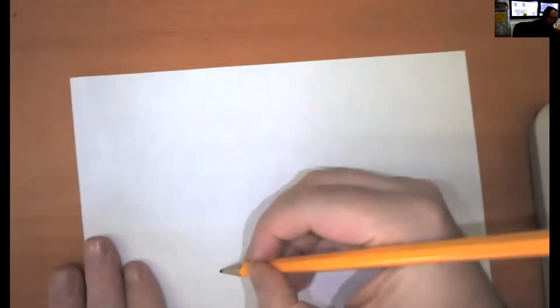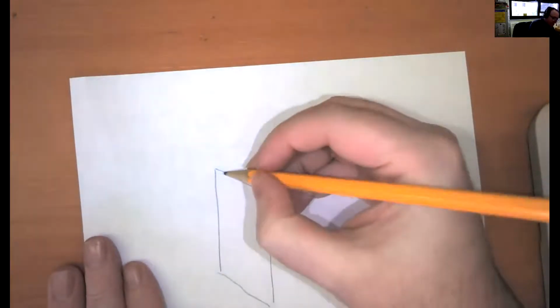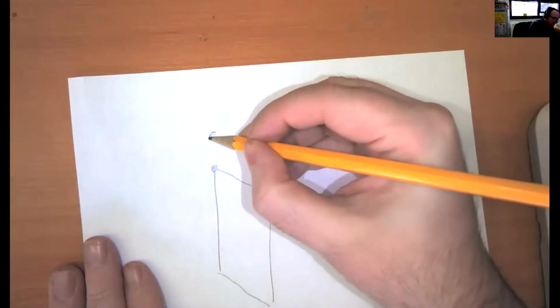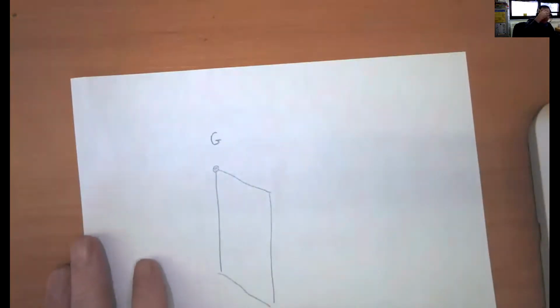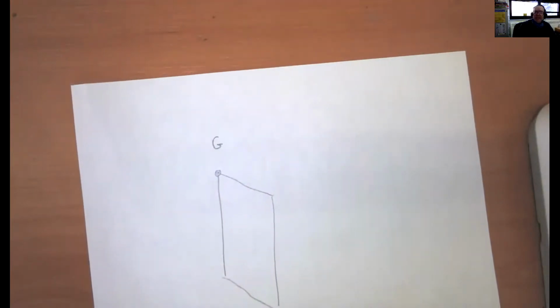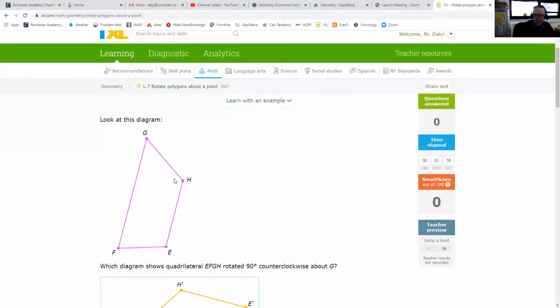All right, so there was our G, and we were rotating it by 90 degrees counterclockwise about G.